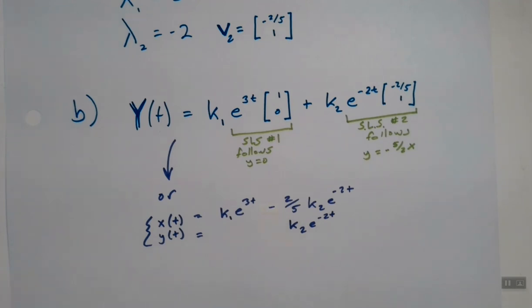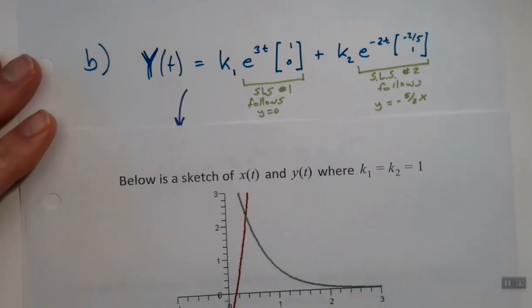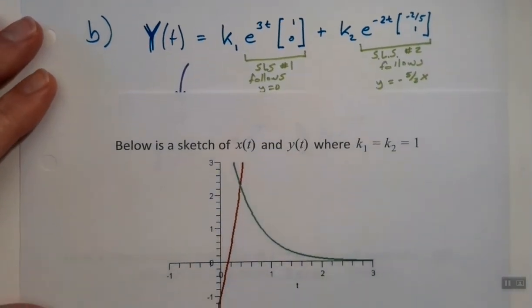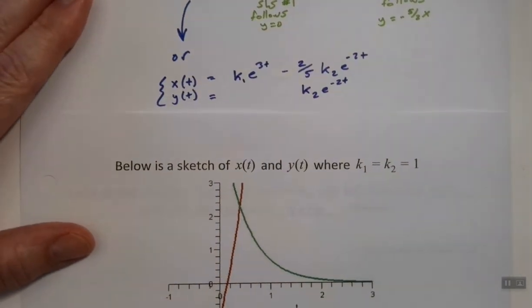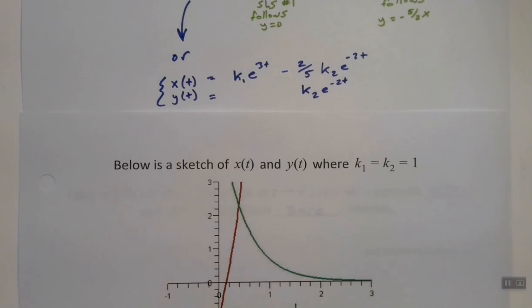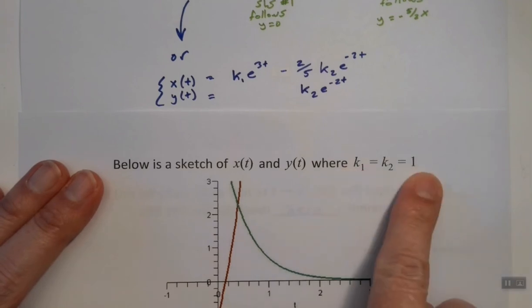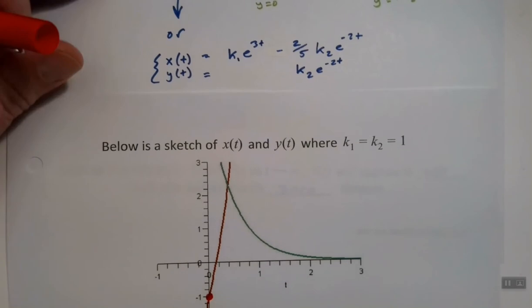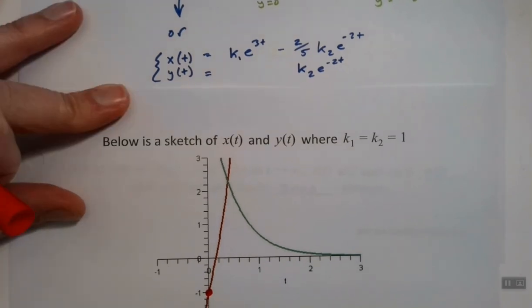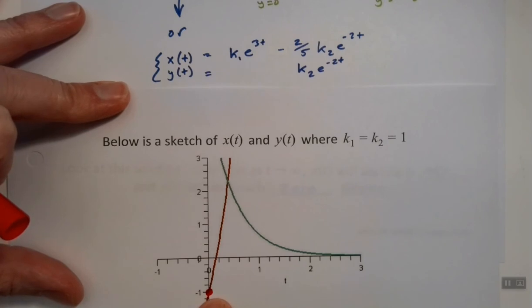So if we take a look at the next page, we can actually see what our x of t and our y of t look like. I'm going to move this up so we can see it a little better and get a sense of which is which. And again, we're going to use the trick of paying attention to our initial conditions. Assuming k1 and k2 are just 1, down here this is when t equals 0 and the output is -1.